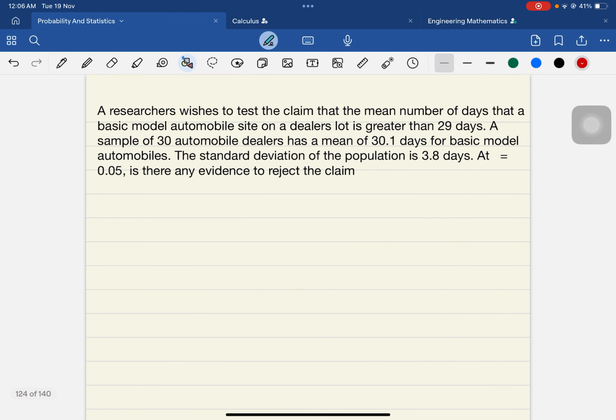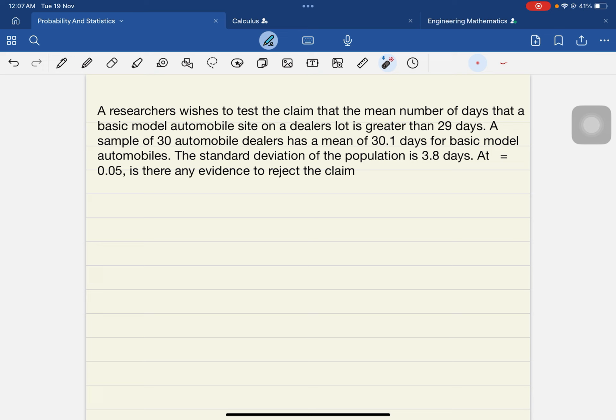Let us now start the problems. The question given in this problem is: a researcher wishes to claim that the mean number of days that a basic model of automobile sits on a dealer lot is greater than 29 days. A sample of 30 automobile dealers.